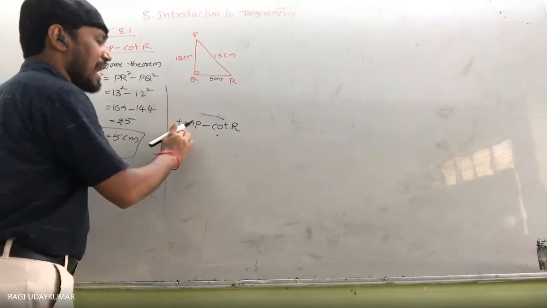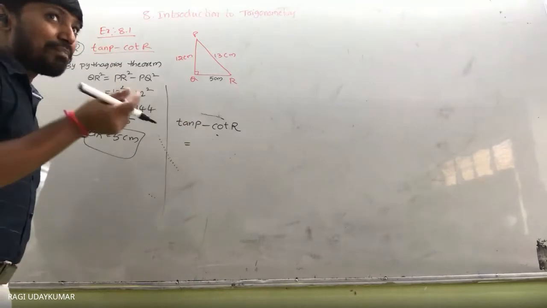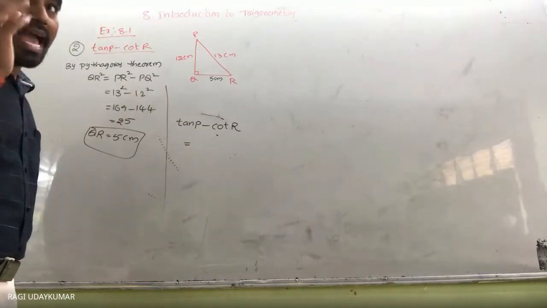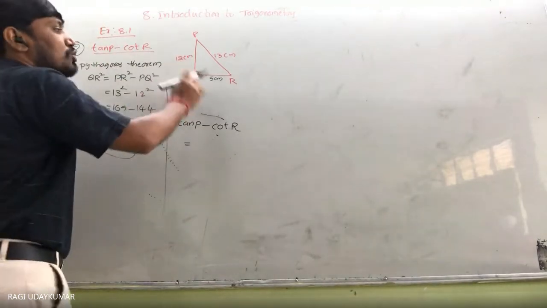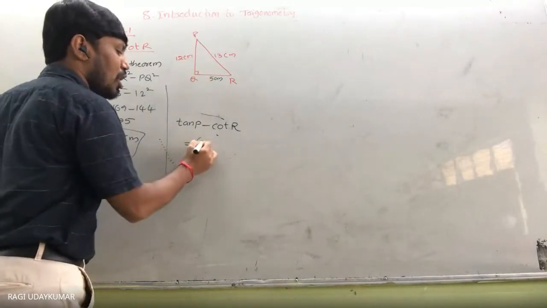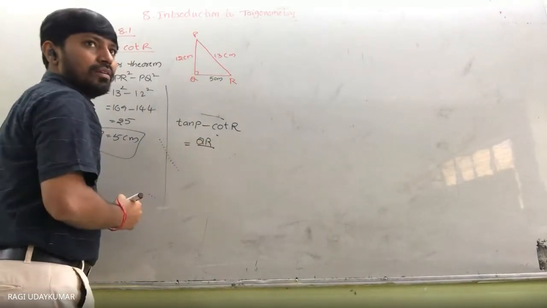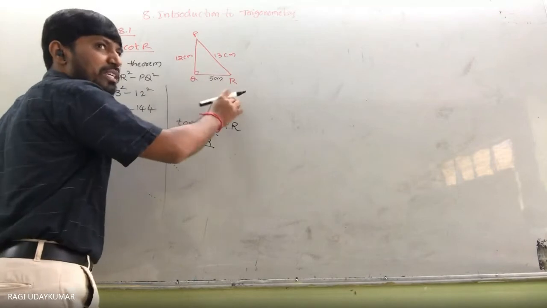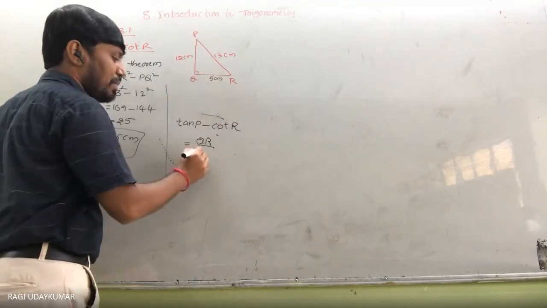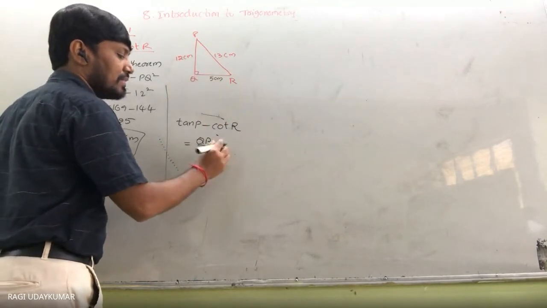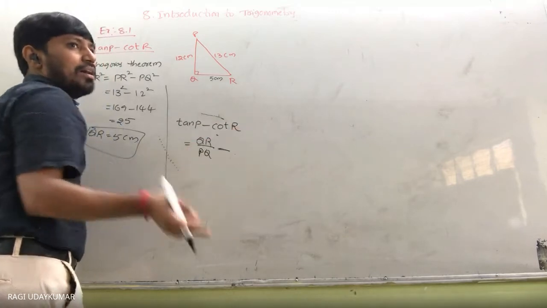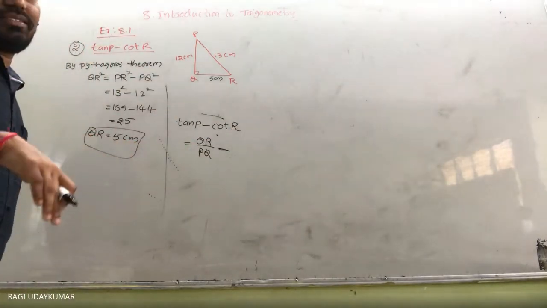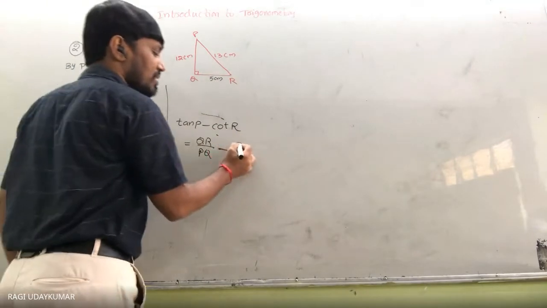Okay. So now tan P is nothing but what? Tan is nothing but opposite by adjacent. So the opposite of P is QR, and the adjacent of P is PQ. Minus cot R. So the adjacent of angle R is what?